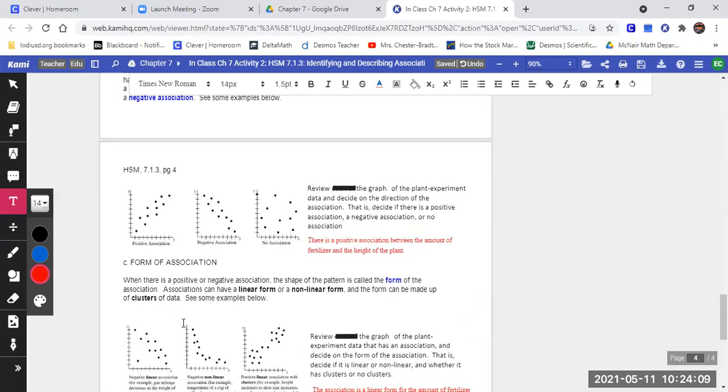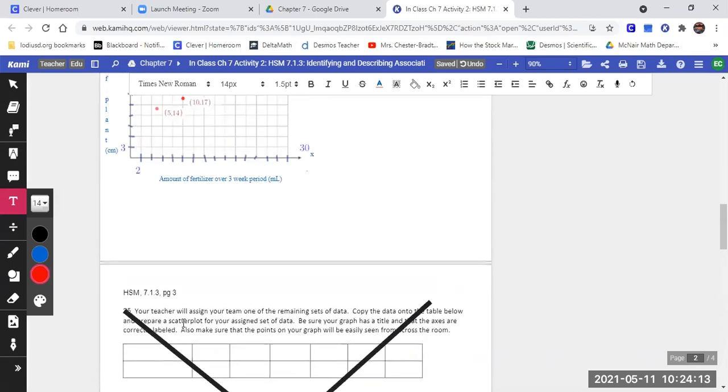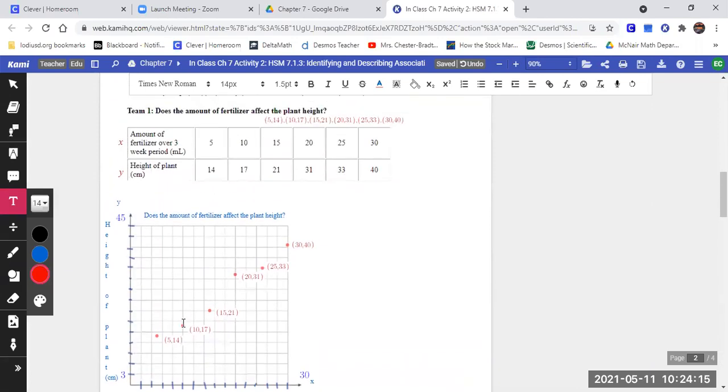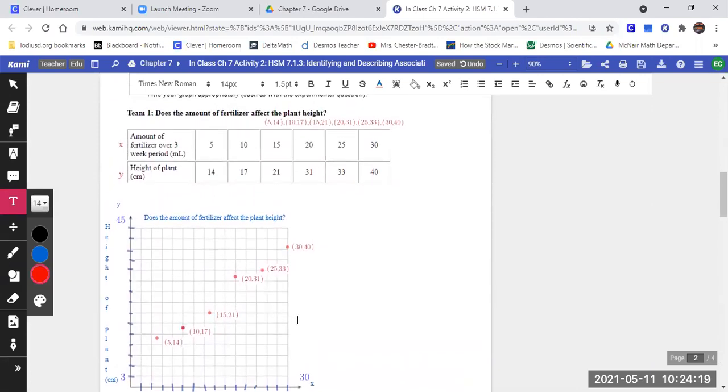Going back to the picture for a second. Okay, so this was our picture, right? Did the amount of fertilizer make the height change proportionally? So as we went up in fertilizer, the height of the plant increased by the same amount every time?